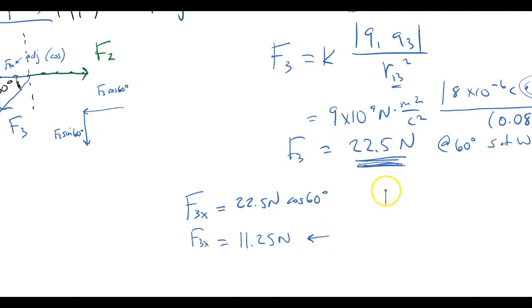All right, and then F3 in the y is equal to 22.5 newtons sine of 60 degrees. So if I do that real quick, 22.5 sine of 60, I get 19.5 newtons. And which way does it point in the y direction? It points down.